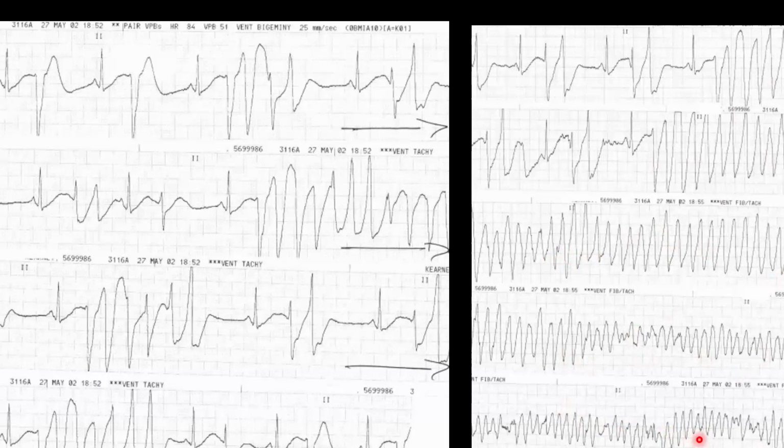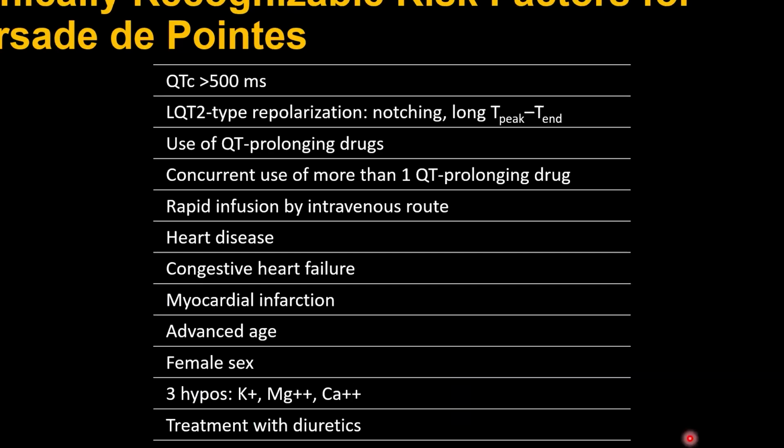Okay. In terms of treating her atrial fibrillation, drugs will not do the trick, and she should have an ablation of her atrial fibrillation. But in terms of the torsade, there are a number of clinically recognizable risk factors.